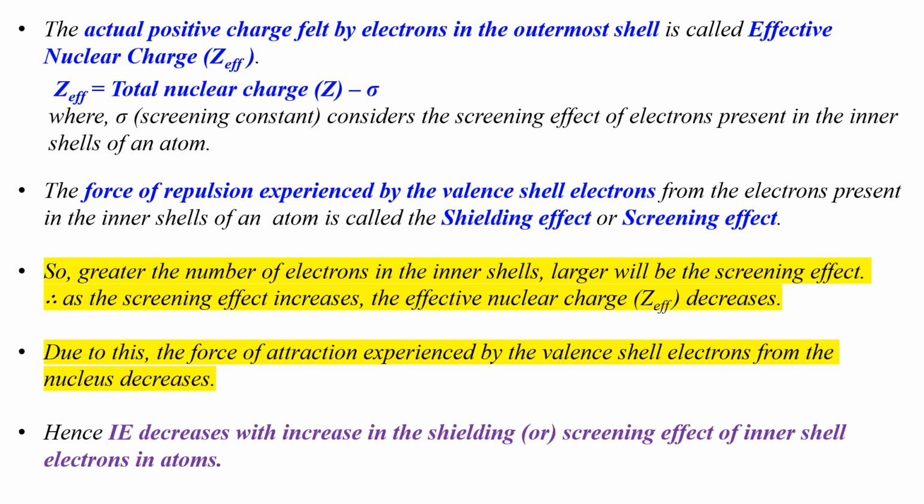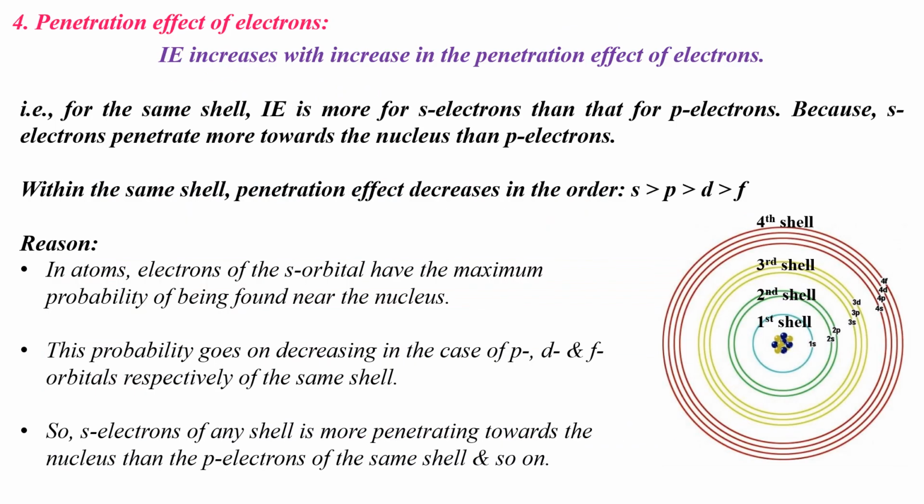This is the reason why ionization enthalpy decreases with increase in the shielding or screening effect of inner shell electrons in atoms. The next factor which affects the ionization enthalpy value of an element is the penetration effect of electrons. Ionization enthalpy increases with increase in the penetration effect of electrons.